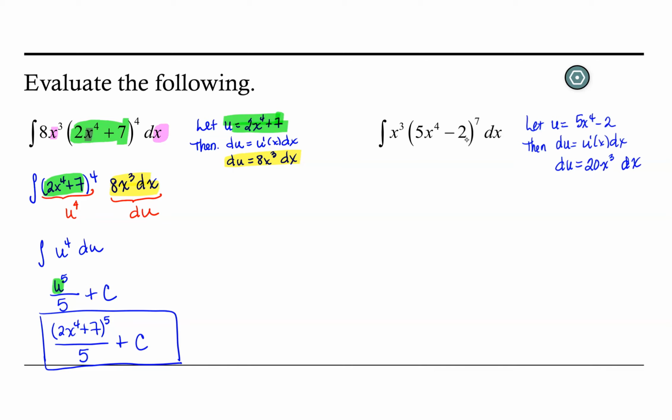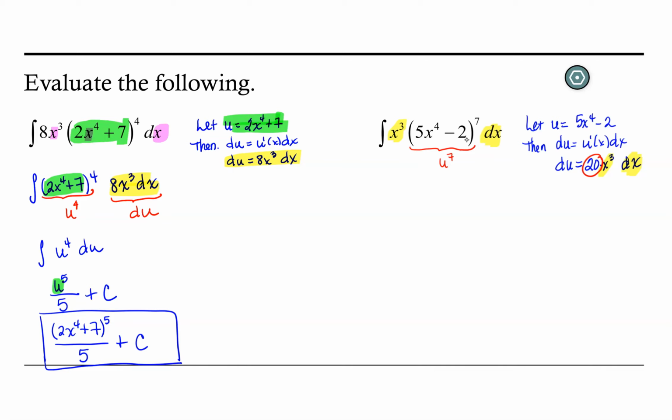Now, as we look at our integral here, we can see that basically this 5x to the fourth minus 2 raised to the 7th power can be replaced by u to the 7th. Notice though that when I look at my differential, I've got x cubed and dx, but I don't have 20. Now, that's easy enough to fix.